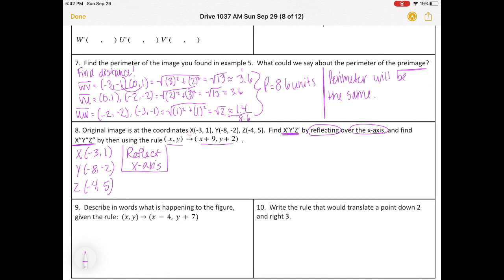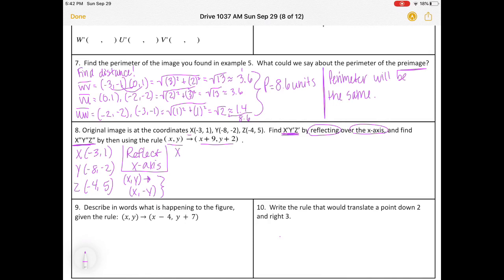All right, if I reflect over the x-axis, that means my x values are staying the same. So if I had to do the mapping rule, it would be this. X comma y, I said x's would stay the same, so x same, y's become opposite. If this helps you each time, it kind of helps me remind me what I'm doing to my coordinates.